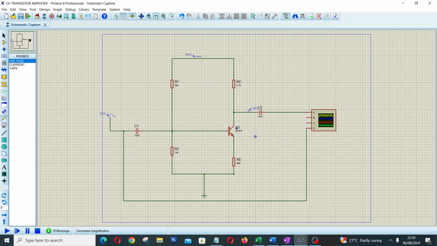Because when you apply an AC signal, it has frequencies. For example, this system is an audio amplifier, with audio frequencies ranging between 20 hertz and 20 kilohertz. Any frequency that goes beyond the frequency band this amplifier has been designed to operate in, you will not have a constant gain.